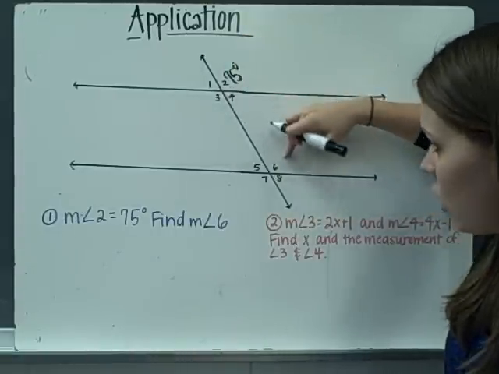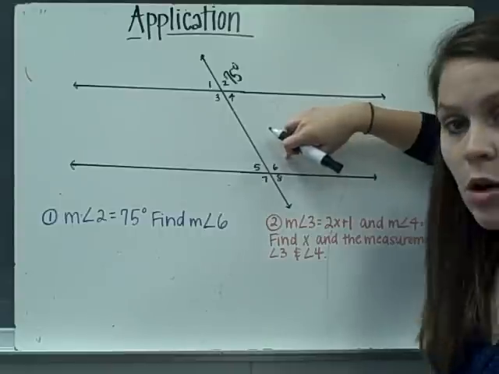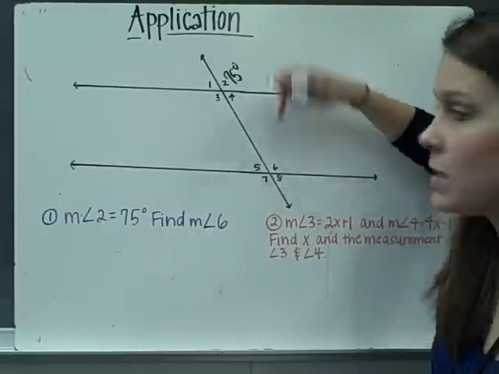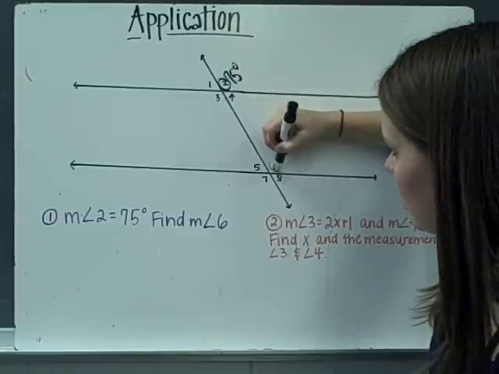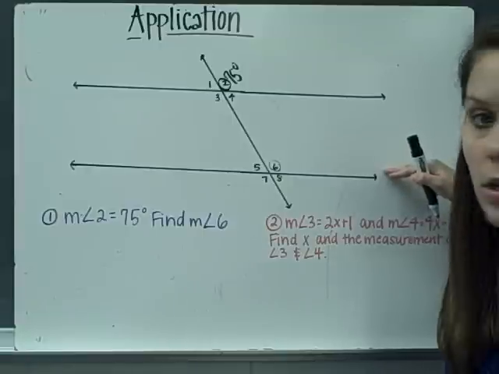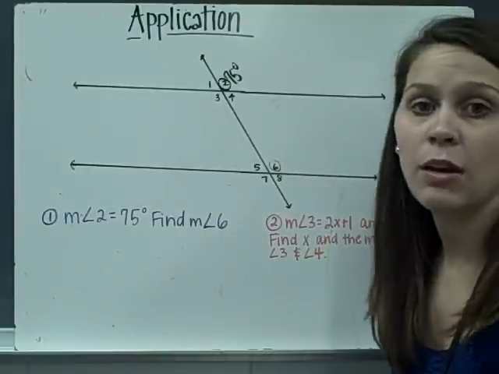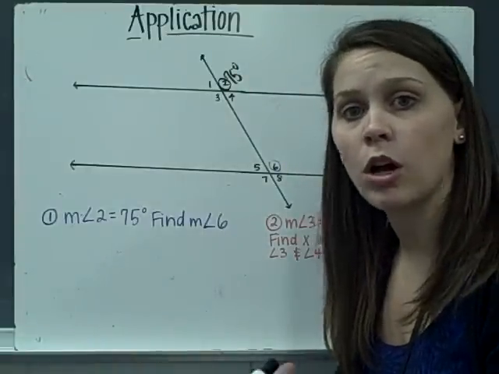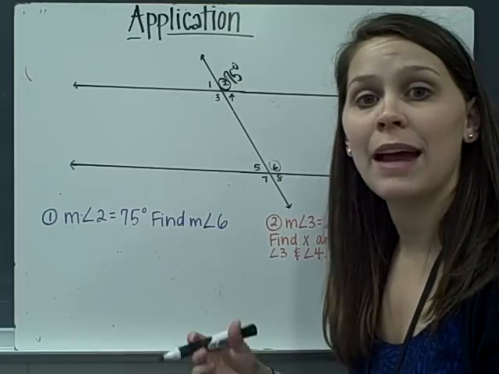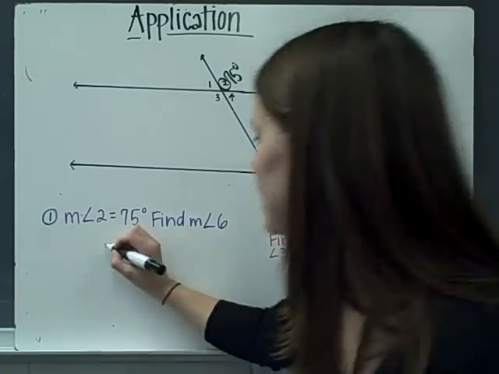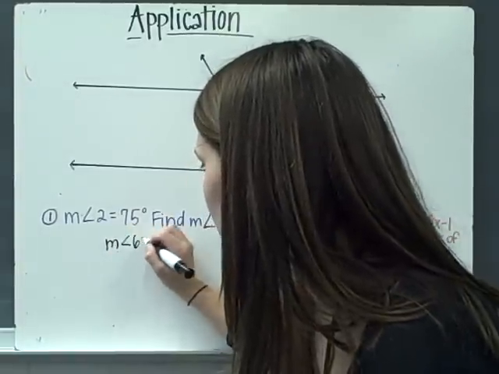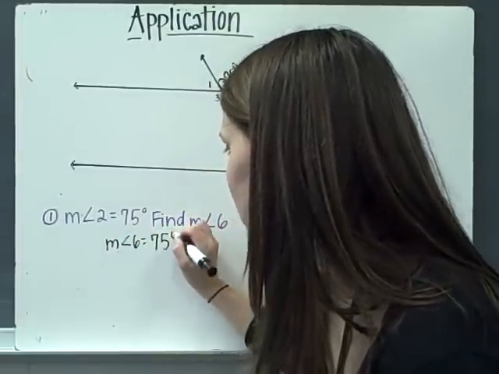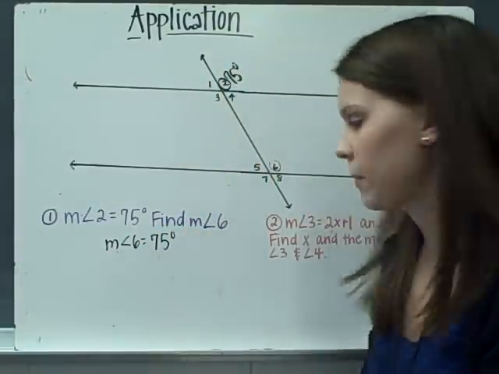Well, these are corresponding angles, because they're in the same position, but on opposite figures. So if they're corresponding angles, we know that corresponding angles are congruent. And being congruent, they have the same measurement. So that means that the measurement of angle 6 is also 75 degrees.